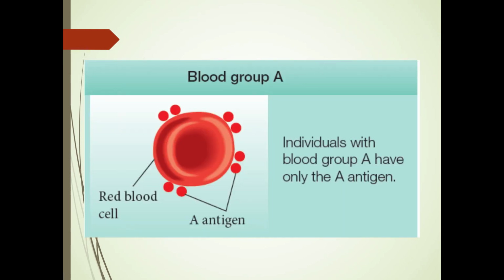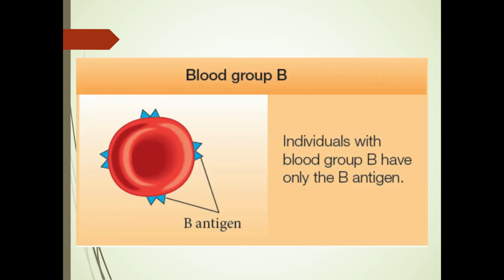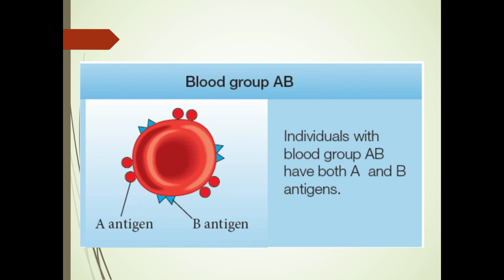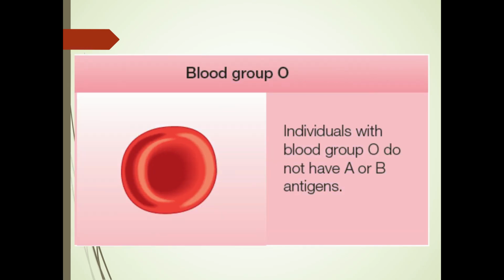Right, so blood group A, they got the A antigen. Group B, they have the B antigen. Group AB, they got A and B. And group O, they don't have A and they don't have B antigen, but they do have antibody A and antibody B. That's why blood group O cannot receive blood from any type except O only.